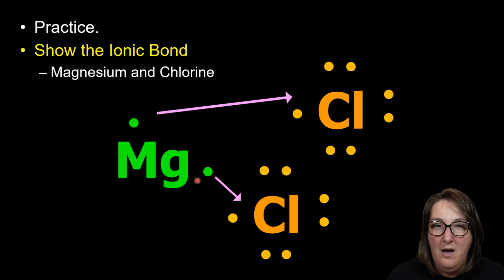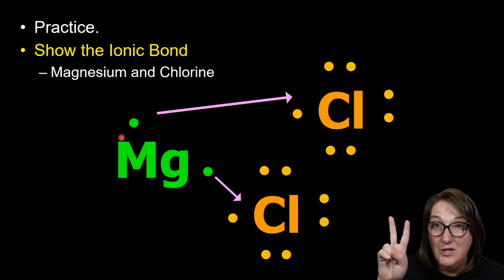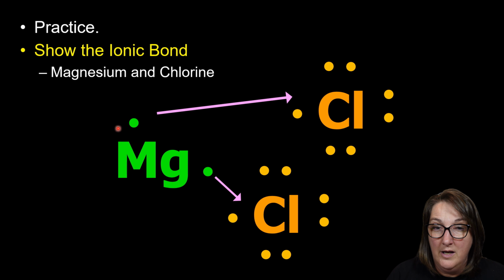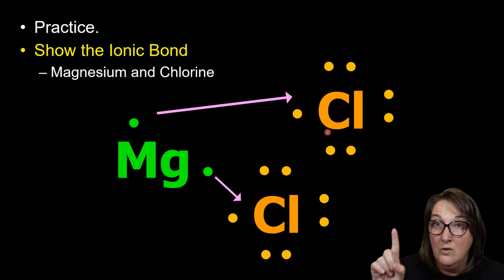So how many electrons did this 1 magnesium lose? It lost 2. So my charge is going to be 2+. I lost 2 electrons. How many electrons did this 1 chlorine, just this one, gain? It gained 1. This 1 chlorine gained 1.